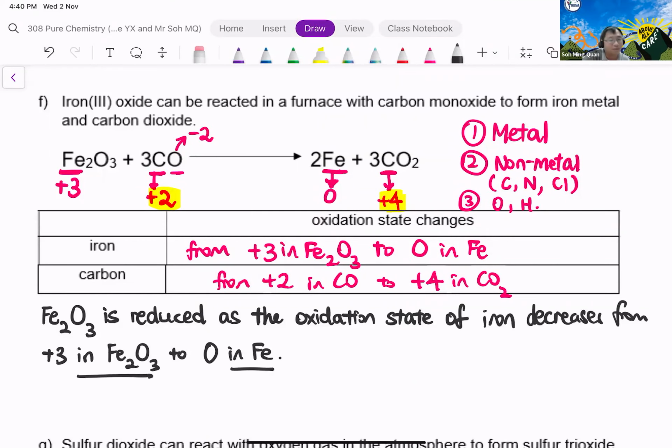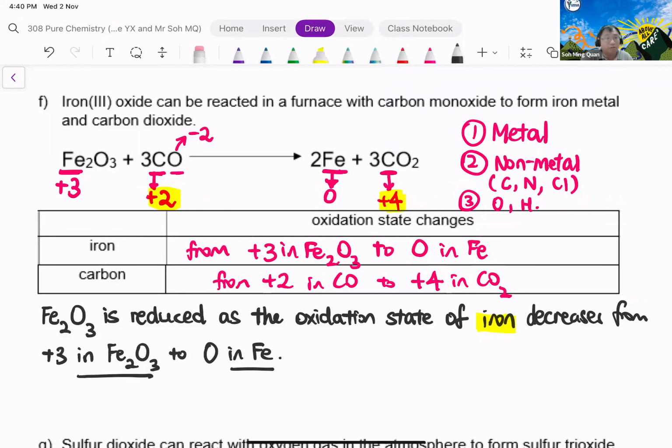Now, important, most students will always forget: it is the oxidation state of iron, not the oxidation state of iron trioxide, not the oxidation state of Fe2O3. It's the oxidation state of the element that you counted. You counted for the metal iron.